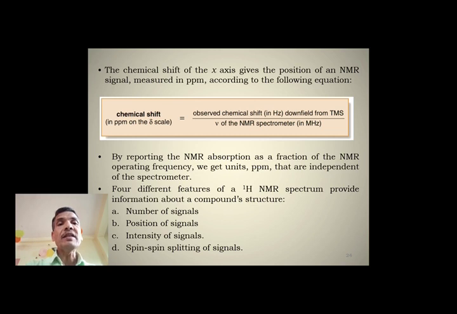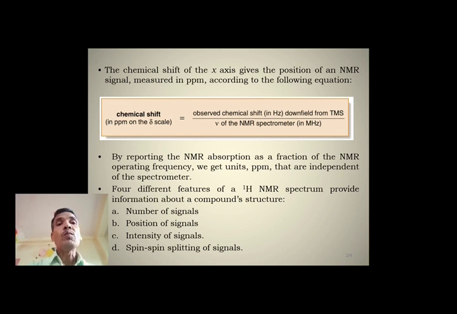By reporting the NMR absorption as a fraction of the NMR operating frequency, we get units of parts per million that are independent of the spectrometer.